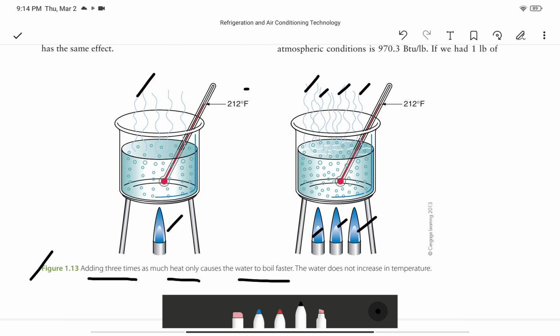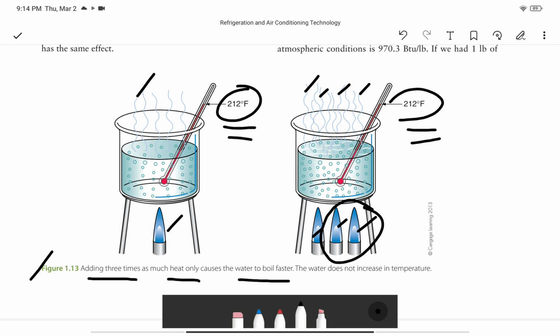The temperature is the same, but you have added heat to the flame, and it doesn't change the temperature. It's still the same, 212, but the water boils fast, right?